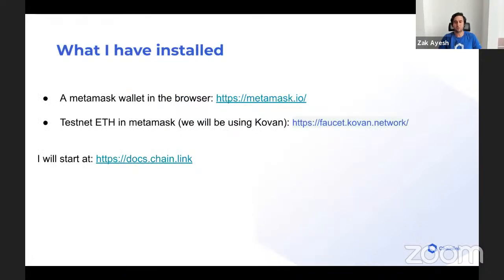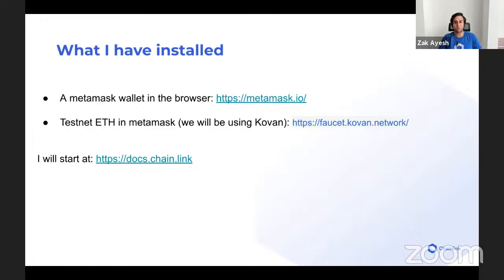So what do I have installed? For the Remix demo, I have MetaMask installed, which is a very popular wallet that is integrated into browsers. You can just download it as an add-on into Chrome, Firefox, or any popular browser.